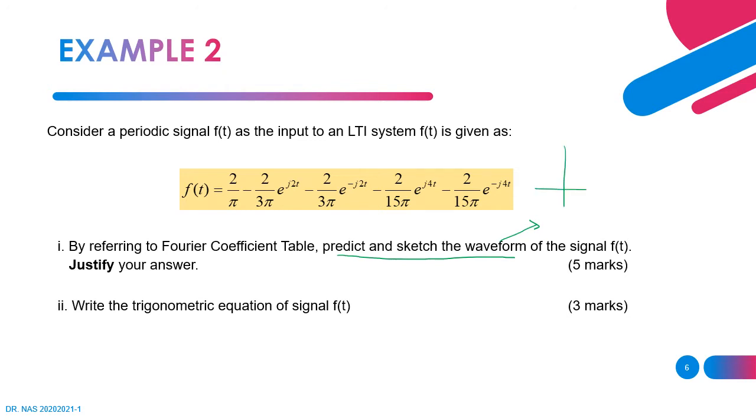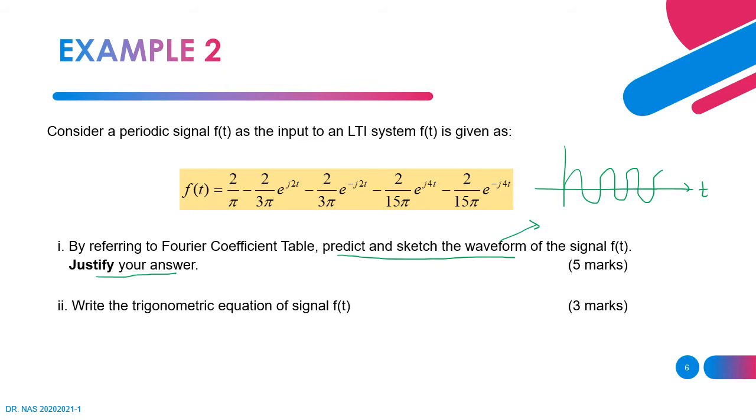The signal must have a shape, depending on whatever shape it is, and it is in the time domain. Then you need to justify your answer by showing your calculation, your consideration, and stating your assumptions clearly in your solution.